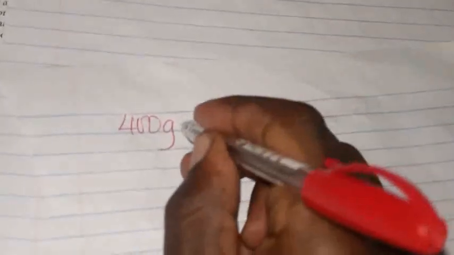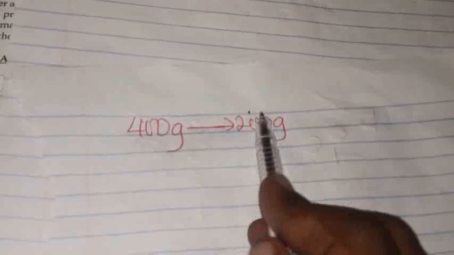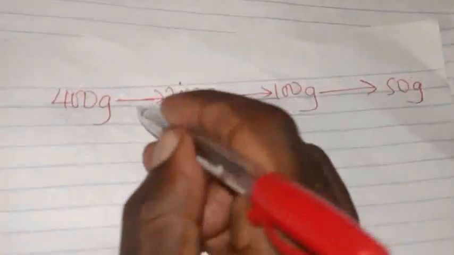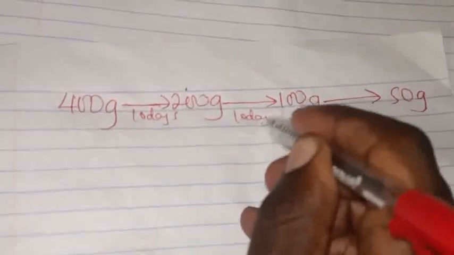So 400 grams must reduce to 200 grams, because this is the time taken for this radioactive substance to reduce to half its original mass. It further reduces to 100 grams and further reduces to 50 grams. So it has taken 10 days as the half-life, 10 days further, and then 10 days further.